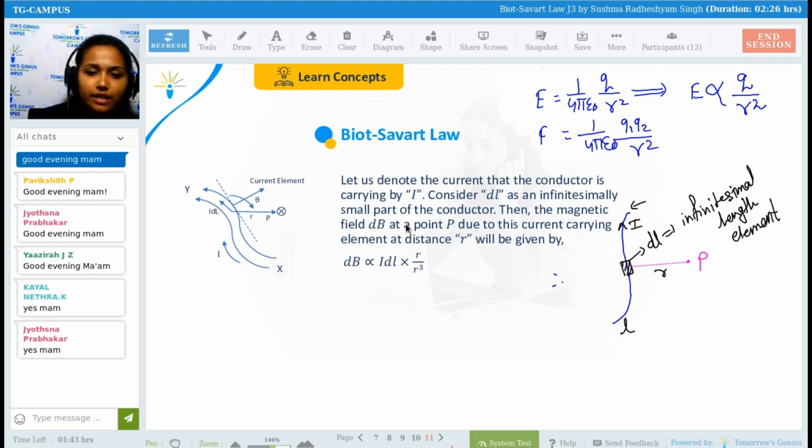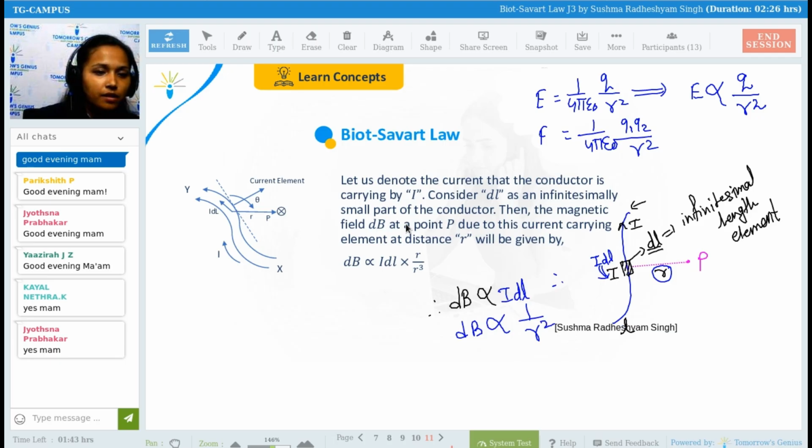So see, we say my dB, that means small magnetic field, is directly proportional to the current flowing in that length. It is simply I. So we get I dl. Okay. So my magnetic field is proportional to I dl, this is your length. And we say dB is inversely proportional to R square. Are the statements clear first of all, students?